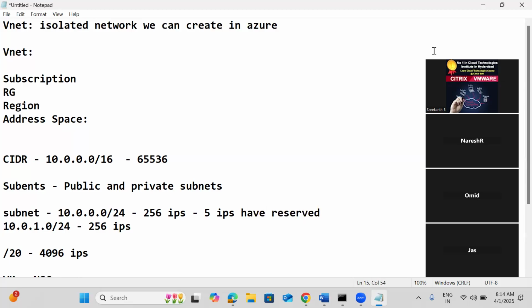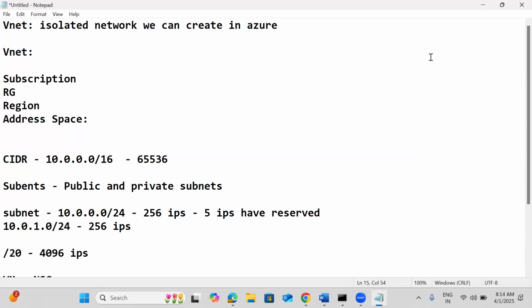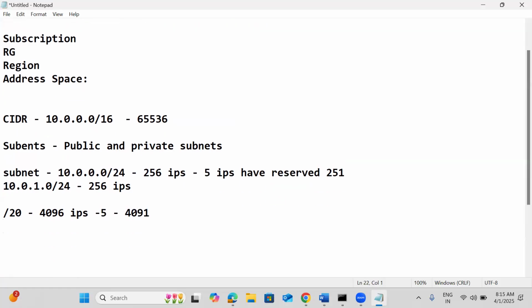Azure is going to reserve those 5 IPs, and technically how many can we use? No, 251 IPs. With /20 you get 4096, minus 5, so 4091 is the maximum we can use. 5 IPs have been reserved at the subnet level.